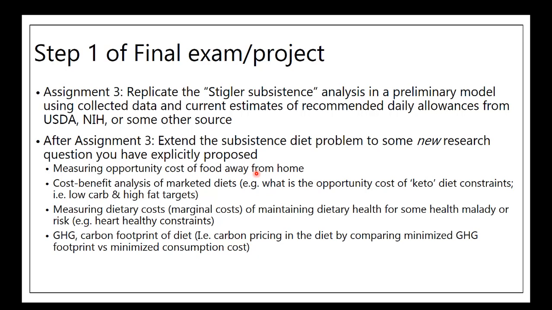So the food away from home is obviously an interesting one, and pretty easy to consider how to implement. You might do some cost-benefit analysis of some diet that's popular in marketing schemes. So maybe thinking about the opportunity cost of keto diet constraints. That would be a model that looked at a basic diet with perfunctory right-hand side requirements on different nutrition, and then compared to the keto diet, which is going to be this low-carb, high-fat diet requirement, right?